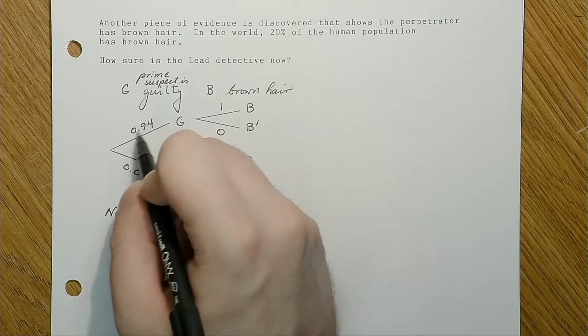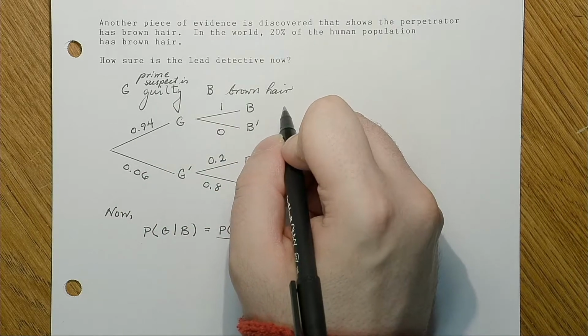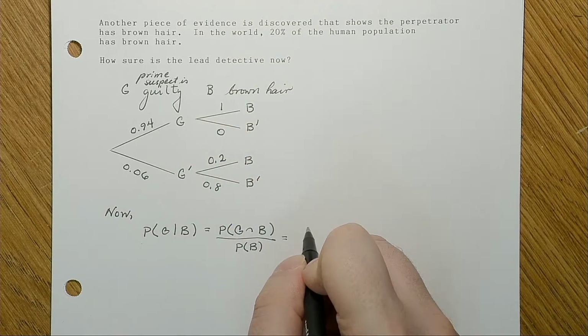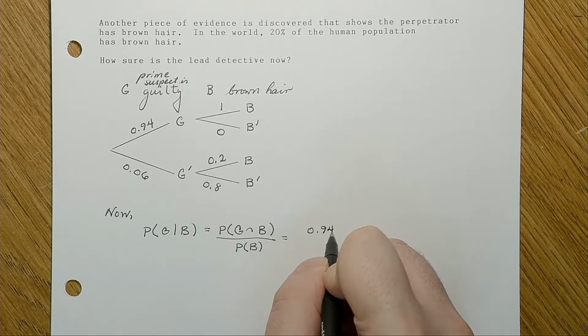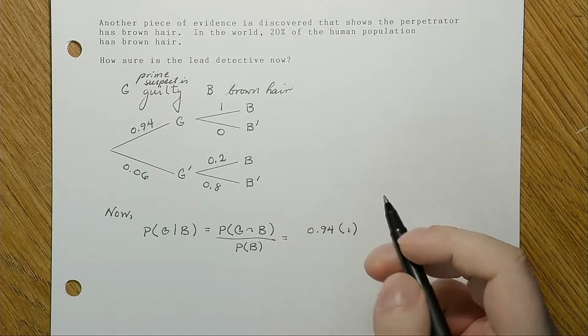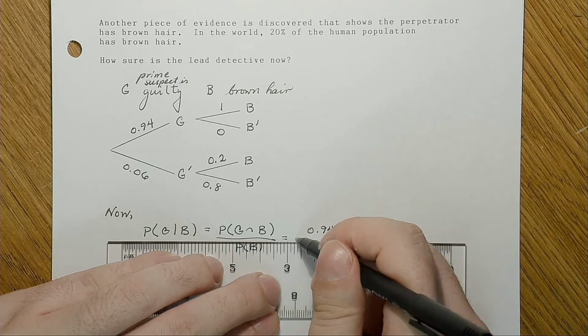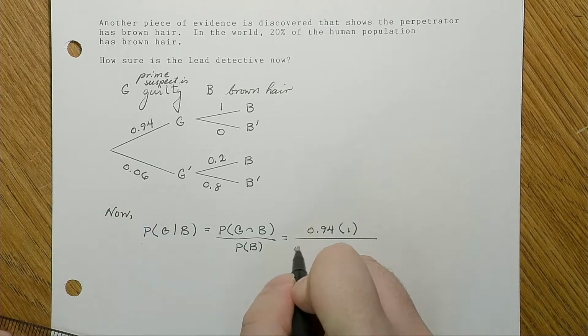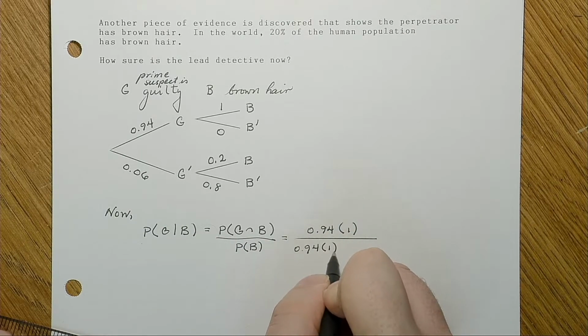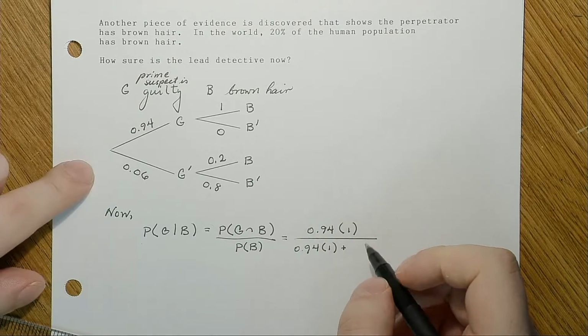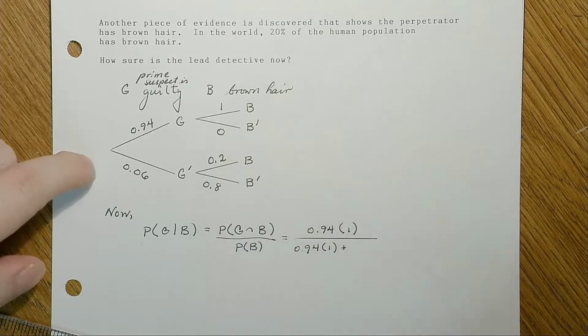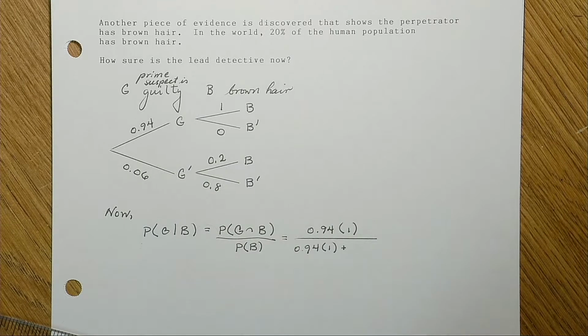So this is the branch that we want. So 0.94 times 1 all over 0.94 plus. So this is the one that we need to look at. And where's my highlighter?